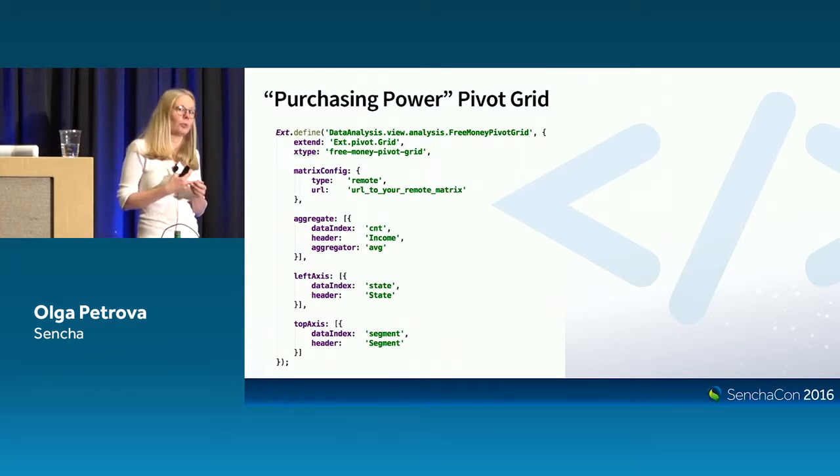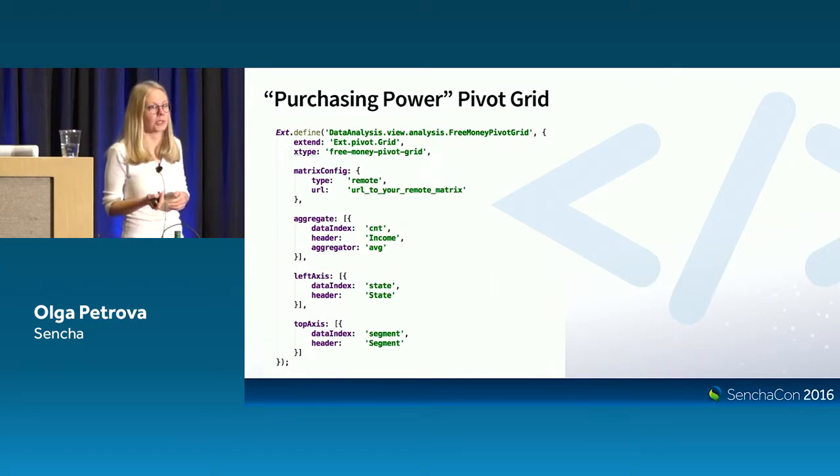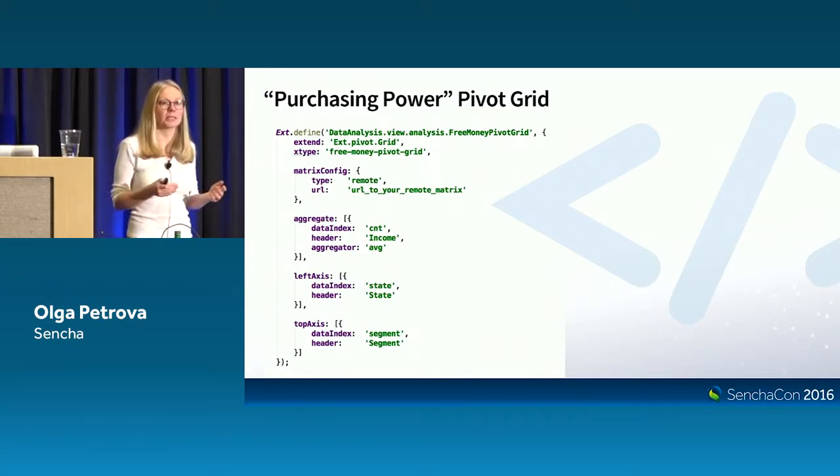There are two options. You may choose a local or remote matrix. If you choose a local matrix, then all data will be aggregated and calculated on the client. It's a perfect solution for small or middle-sized data sets because it's fast, and you just need to do nothing else.